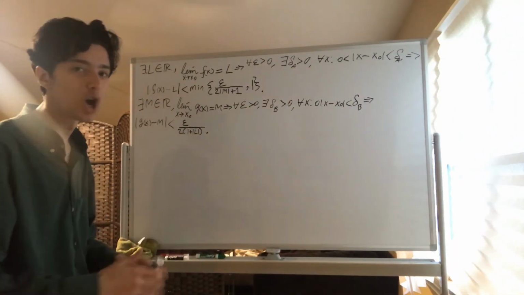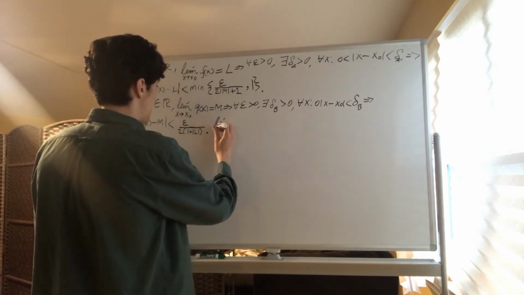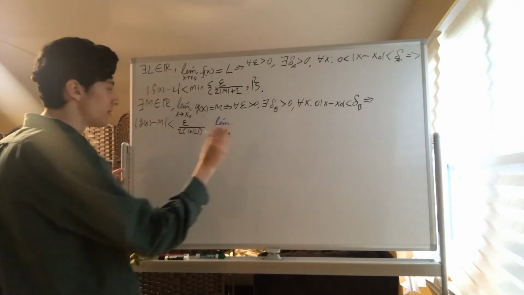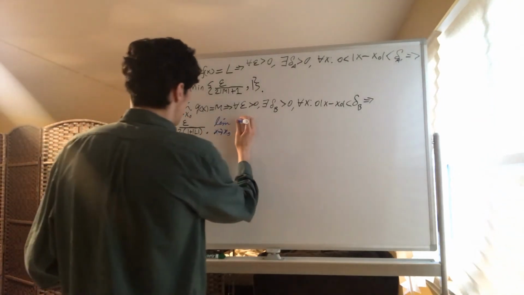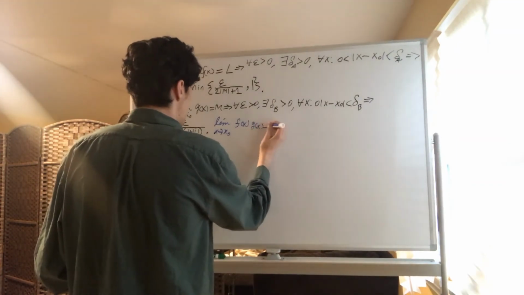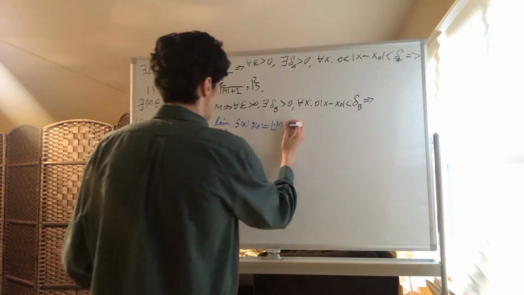Now, we want to show that the limit as x approaches x naught, so it's the same x value, of f(x) times g(x) is equal to L times m.